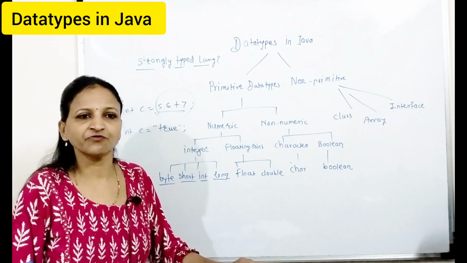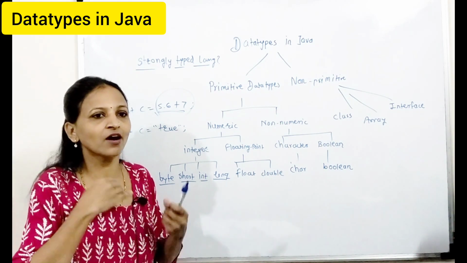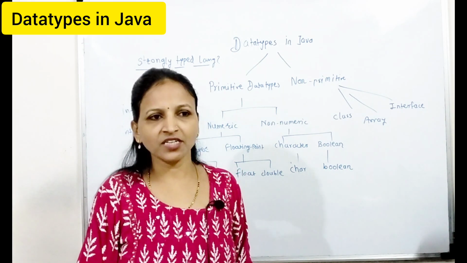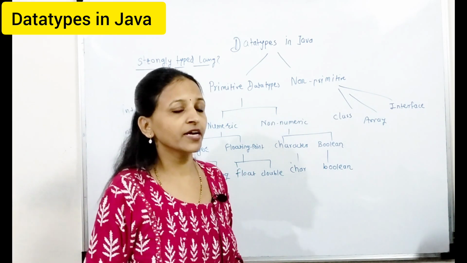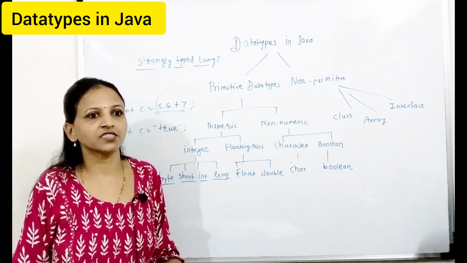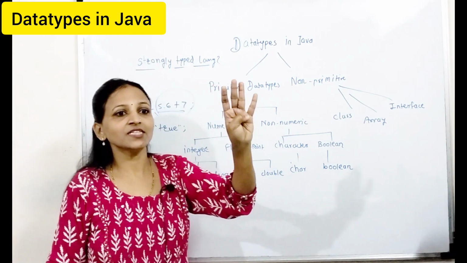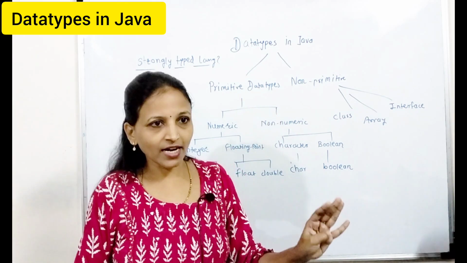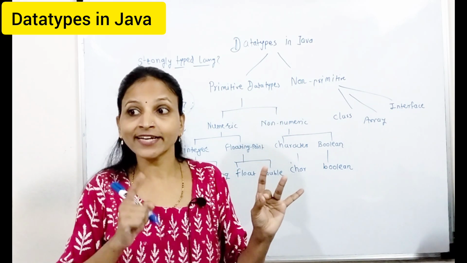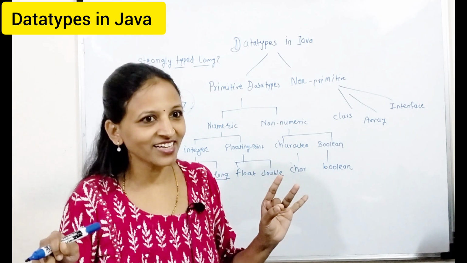This is always fixed, whatever the system configuration, operating system, or platform you use. The data type size will not differ. So the first thing is that all variables have data types in Java, all expressions have data types in Java, and all data types are strictly defined.